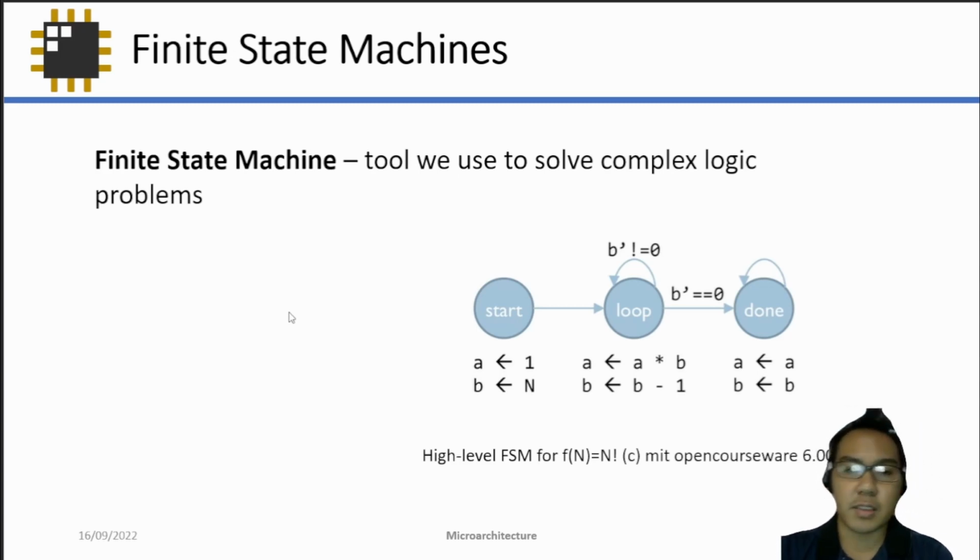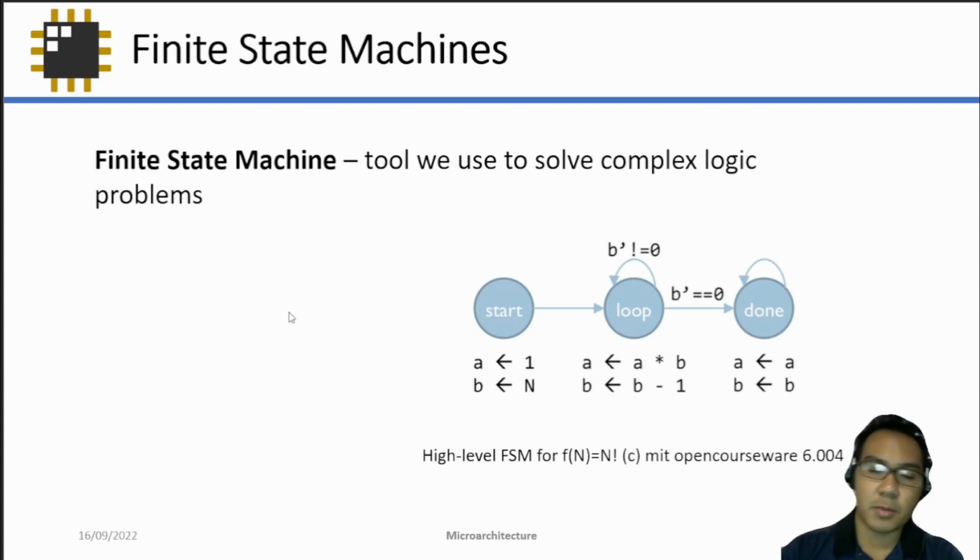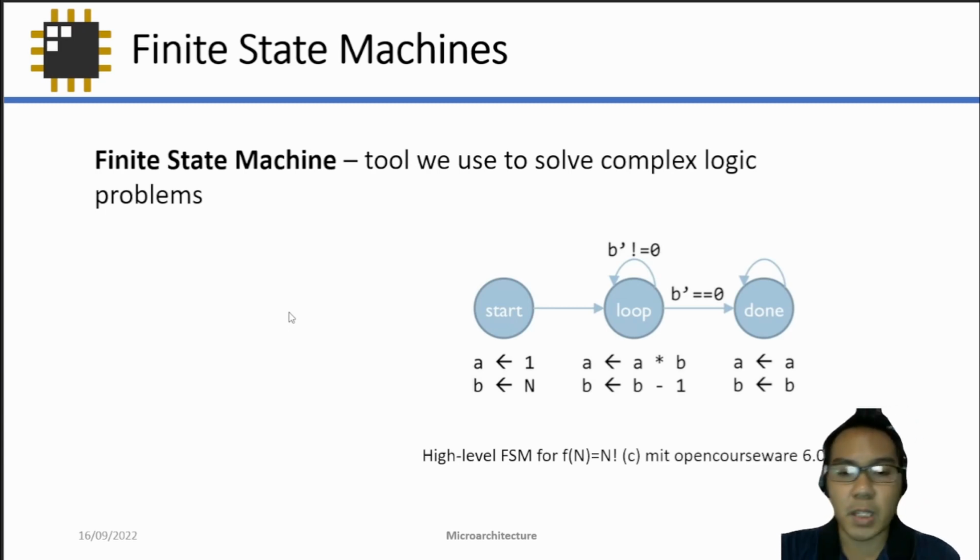So, just a simple review of a powerful logic tool that we're going to be using now is a finite state machine. Finite state machines are tools that we've ended up using to solve complex logic problems. For example, here we have the finite state machine for computing a factorial.